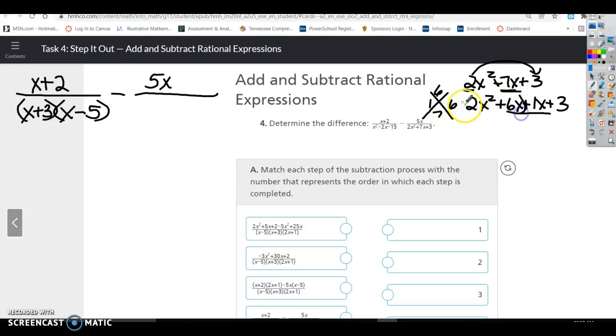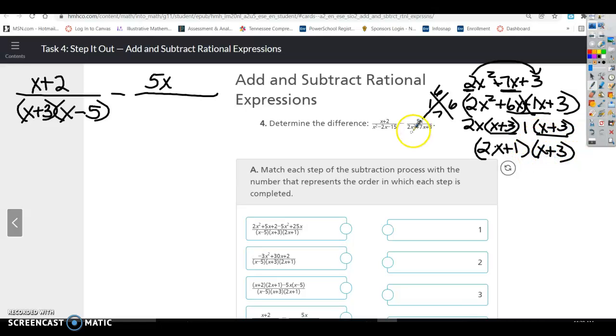Now we have 4 terms, so we can factor by grouping. Bring out my 2x. I'm left with x plus 3. Here I'm going to factor out a 1, and I'm left with x plus 3. So 2x plus 1 is one factor, and x plus 3 is my other common factor.